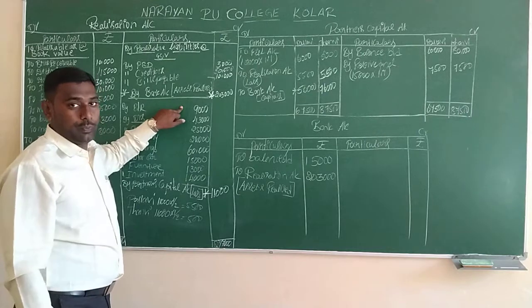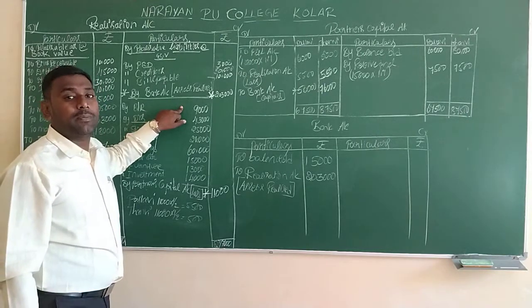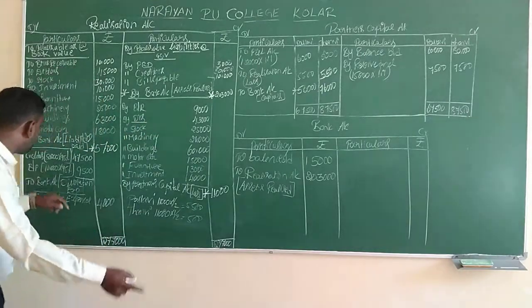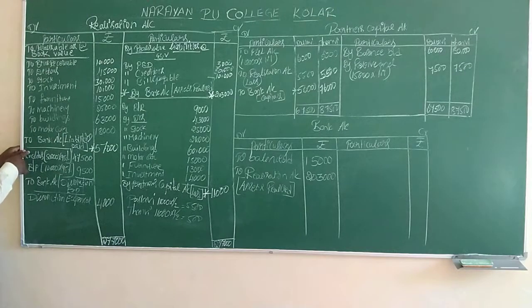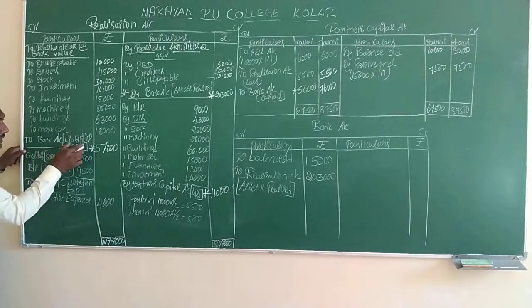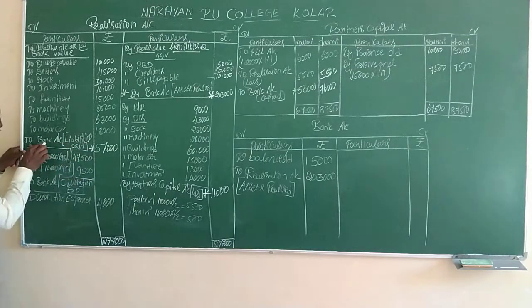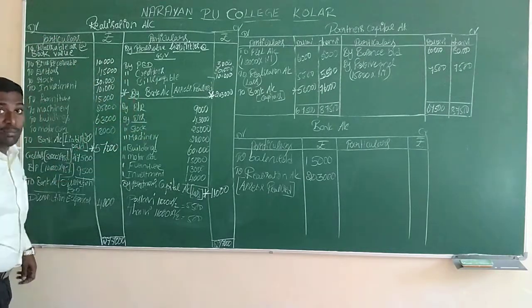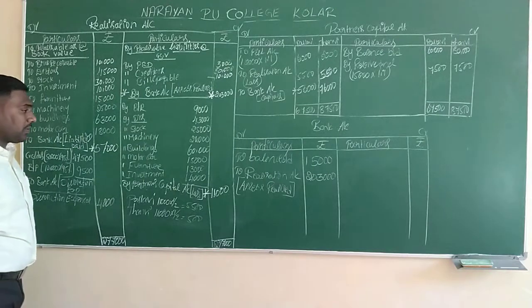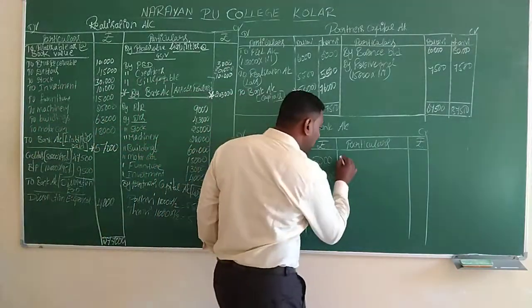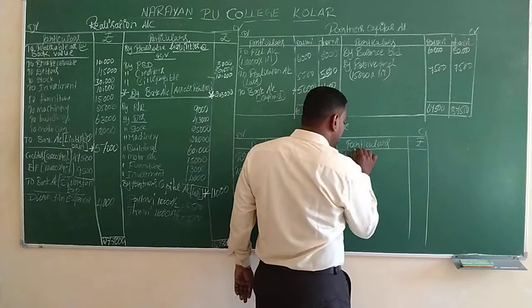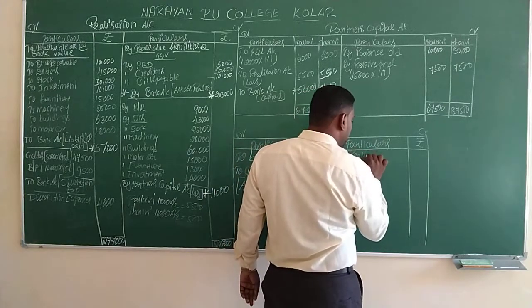Adjustment number 2: creditors and bills payable paid. The same value we have to record in step number 4 to bank account. Where do we write this value again? Bank account. What is that? Liabilities. Two concepts are there in step number 4. Which side do we record it? Debit side. In the next one, which side will it come? Credit side, by realization account.